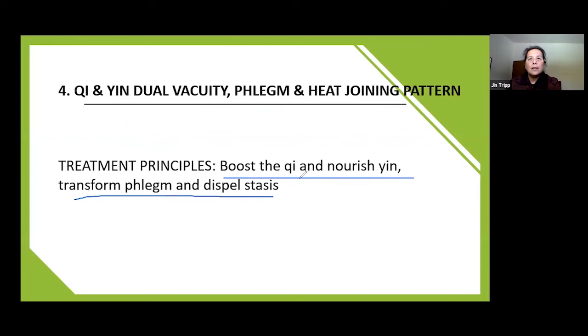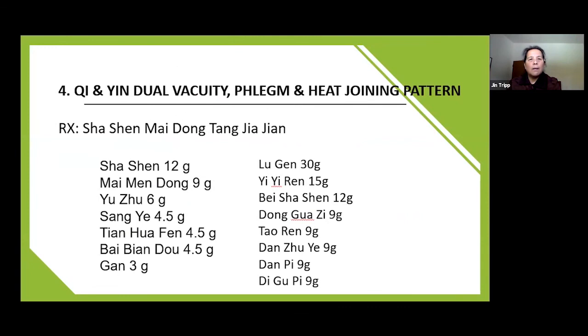So that's pneumonia, something blocking in the lung. The formula we used, yeah, the formula we used, 沙参麦门冬汤, sometimes they call it 沙参麦冬汤. 麦冬 is 麦门冬, the same.